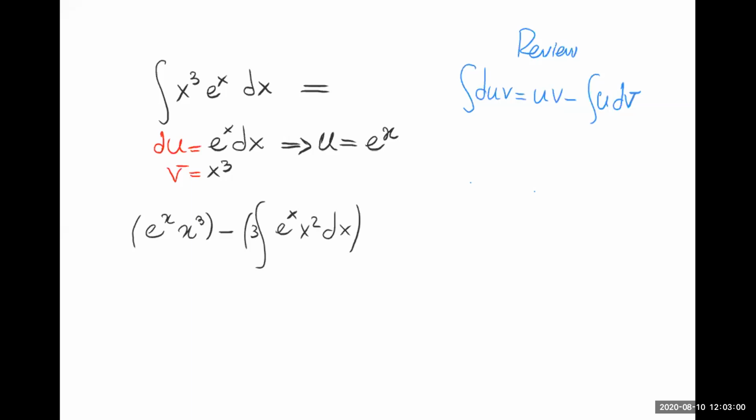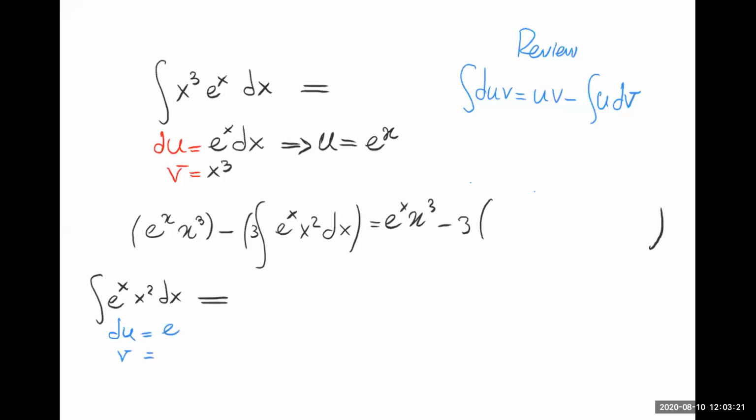So there is another integration by parts. So e to the x times x cubed minus 3, another integral. This other integral is e to the x x squared dx. Again, I should decide what is du and what is v. Just like the previous time, I take du to be e to the x dx, and v should be the remaining part.